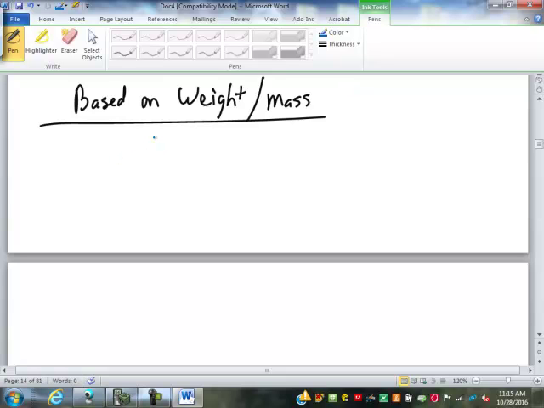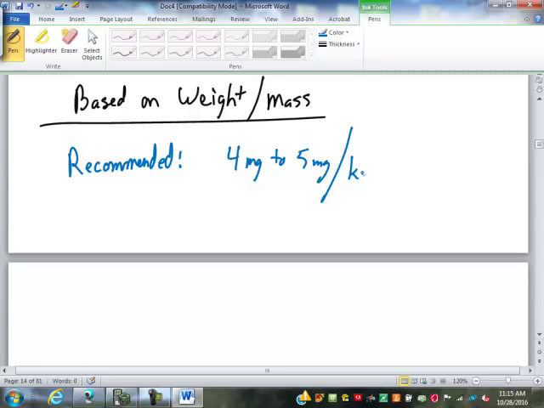Most of our labels are going to be stated in metric units. So our label might give a recommended dose of 4 milligrams to 5 milligrams per kilogram per, might say, day.